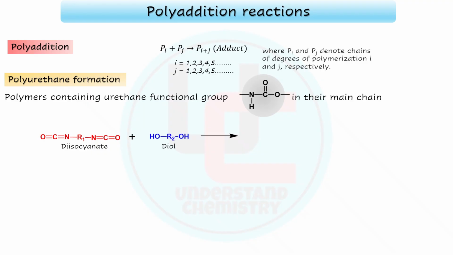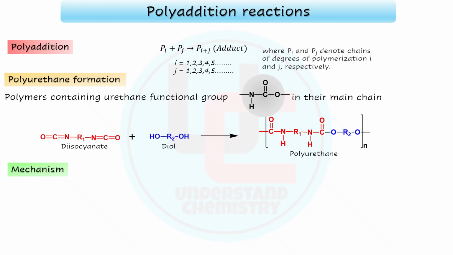Let us see how the mechanism of urethane formation works. For clarity, imagine using a monofunctional isocyanate and a monofunctional alcohol. We know practically polyurethane is produced from bifunctional monomers. But this simplified model helps you to understand each reaction step. The first step in the mechanism is the nucleophilic attack.